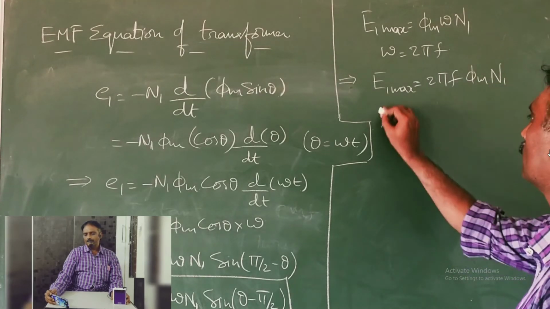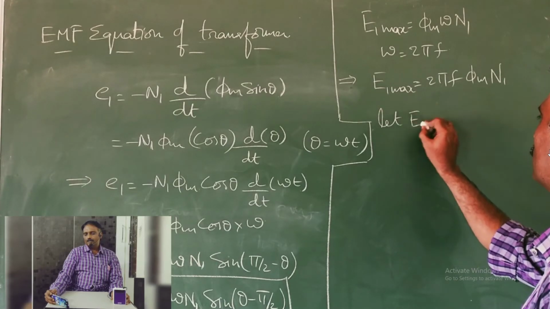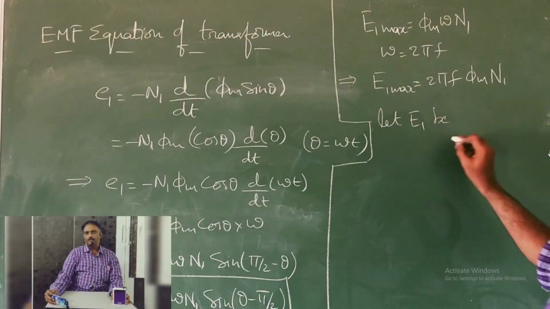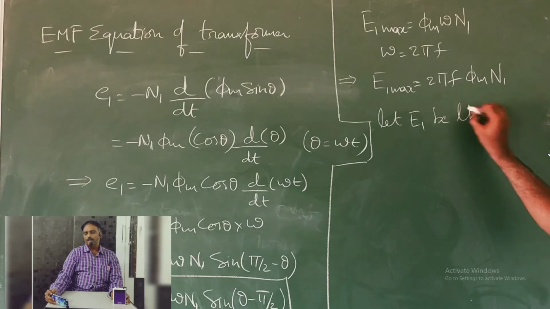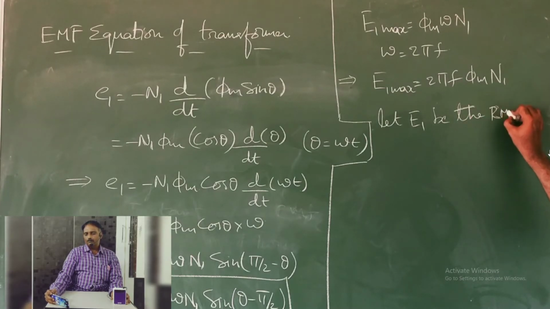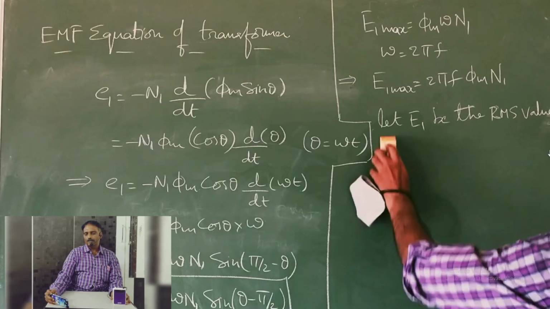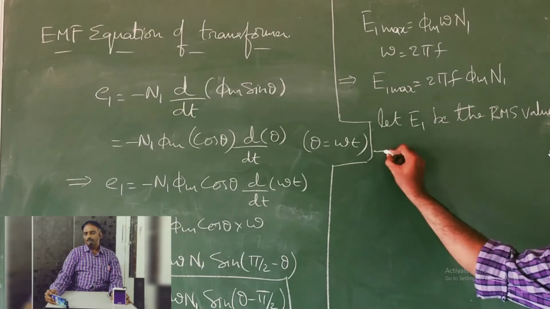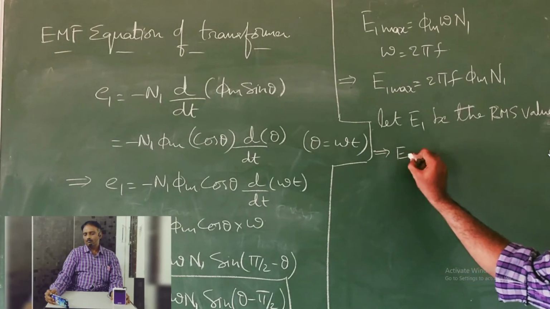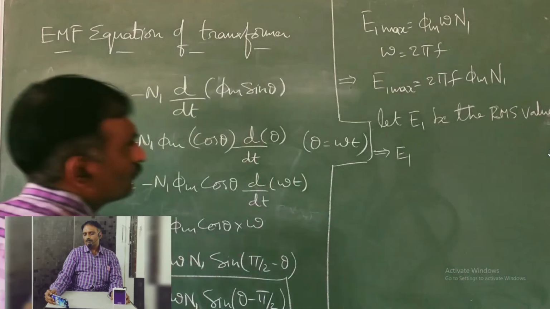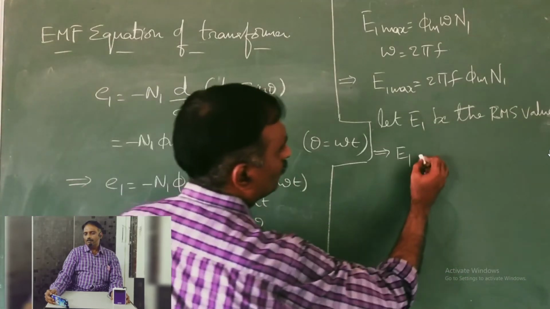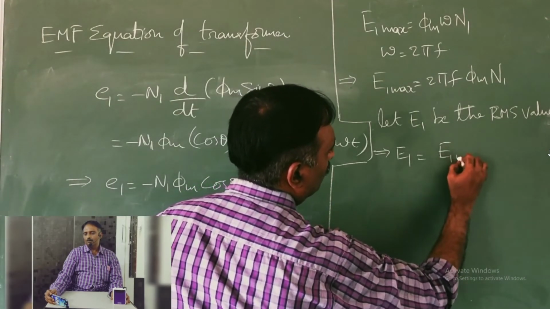And let us consider capital E1 as the RMS value, that is root mean square value of this alternating waveform. And we know that the RMS value will be equal to 1 by root 2 times the maximum value. So hence we get E1 as equal to E1 max divided by root 2.